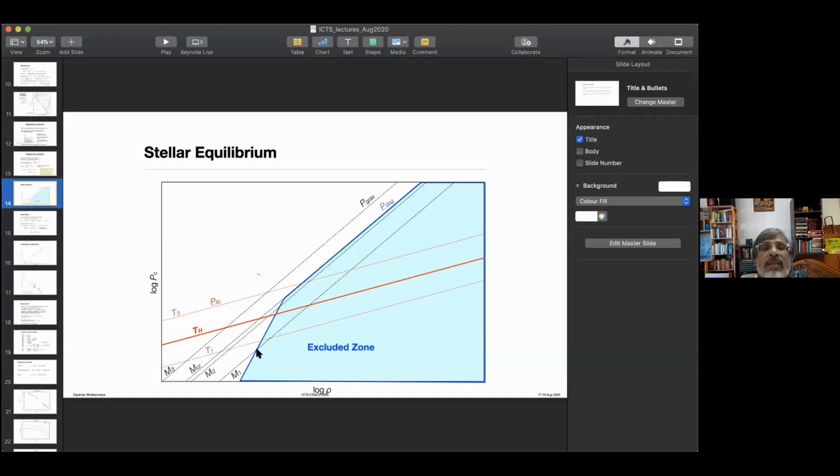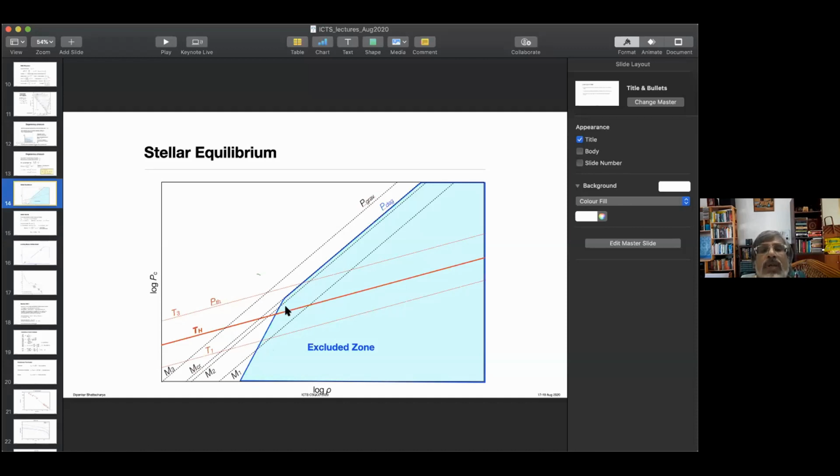On the other hand, if the configuration is supported by degeneracy pressure, then that is not going to change anymore. It is going to provide eternal support to this configuration. So once the object gets supported by degeneracy pressure, it cannot move further along this black line.